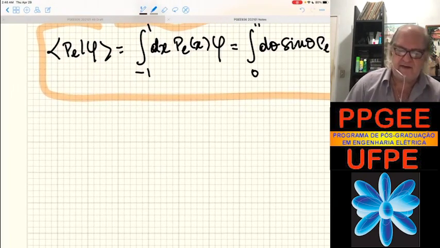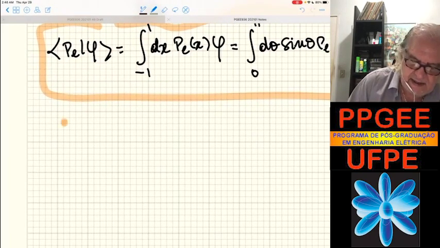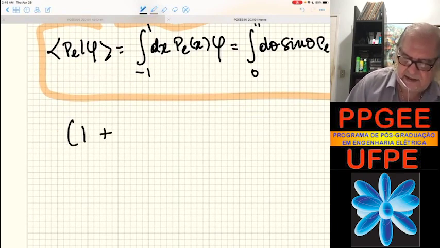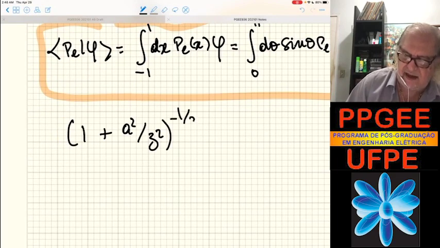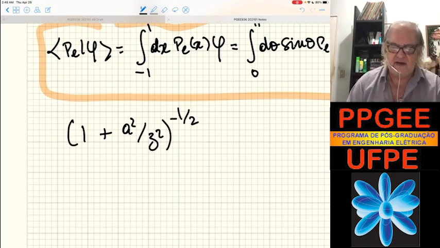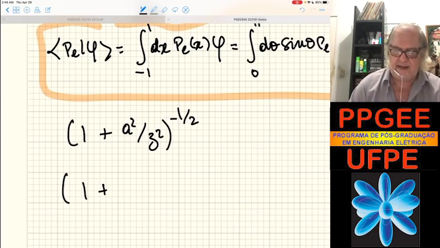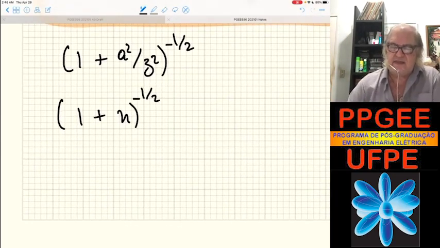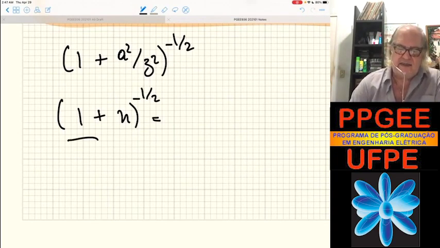In fact, it is (1 plus a squared over z squared) to the minus 1/2, or equivalently (1 plus u) to the minus 1/2. So what you have to do, let's call this f, right?